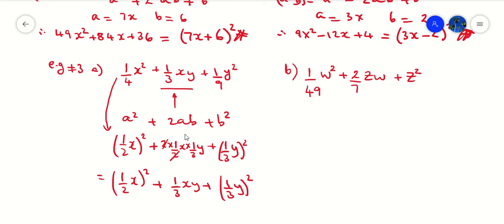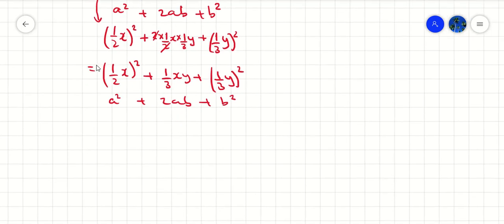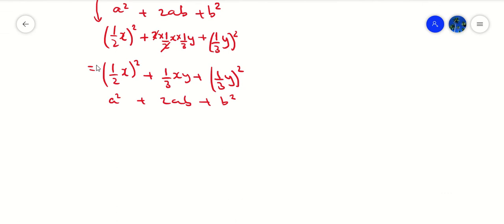So from that, by comparing these two with a square plus 2ab plus b square, what will we get? This is our a and this is our b. So our a is equal to half x and b is equal to a third of y.